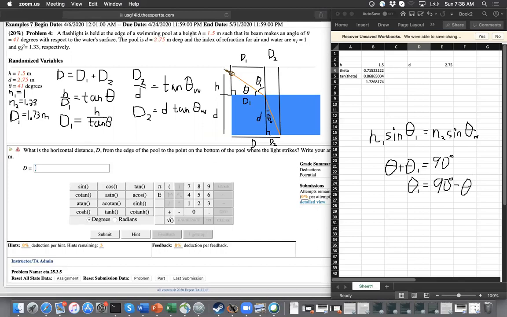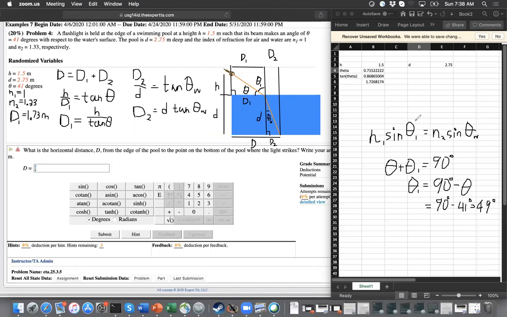And we know what theta is. It's 41 degrees, so it's 90 minus 41. That's something I can do relatively easily. 90 degrees minus 41 degrees is 49 degrees.